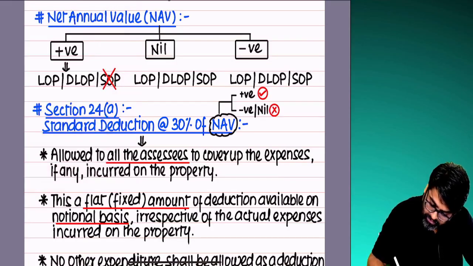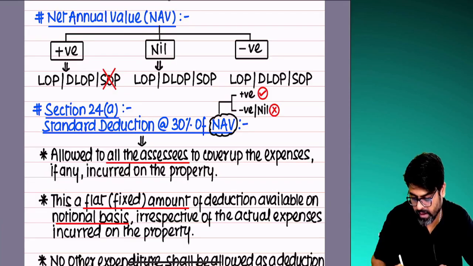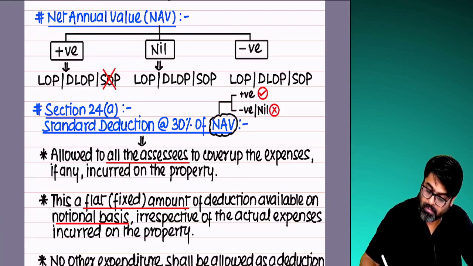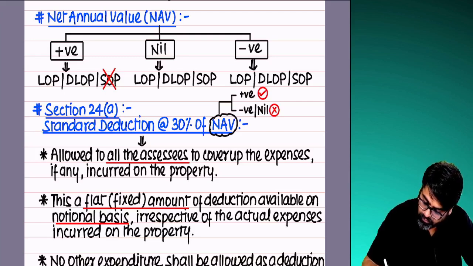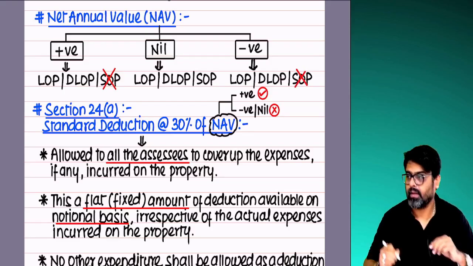It can be nil in the case of LOP, DLOP, SOP, all. Yes or no? But it can be negative in the case of LOP and DLOP only, but not in the case of SOP. Done, sir?